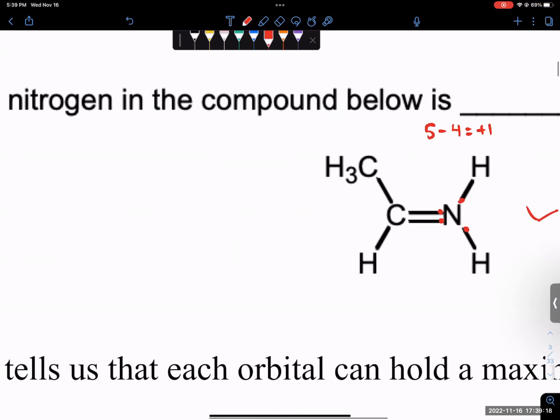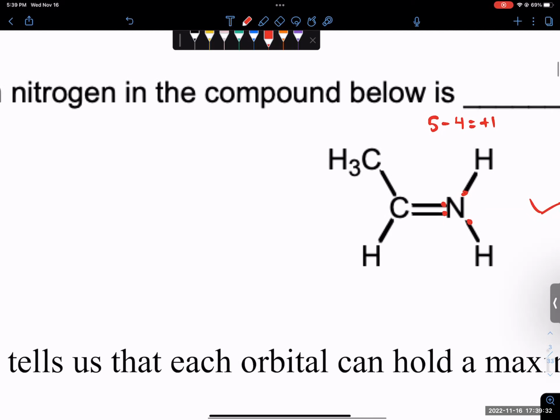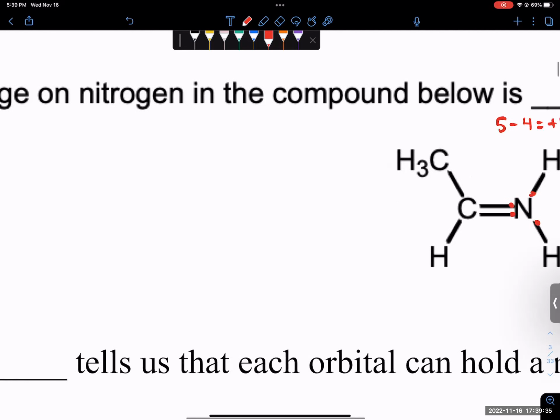All right, what's the formal charge on the nitrogen in lithium diisopropylamide? +1? Wrong. There's only one nitrogen. You don't know this, Audie? Minus 60? That's impossible. Let me give you LDA.